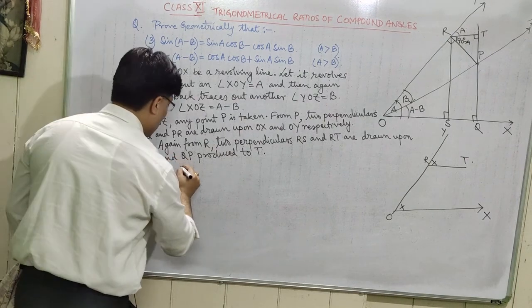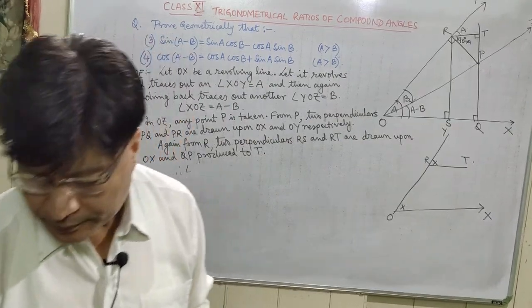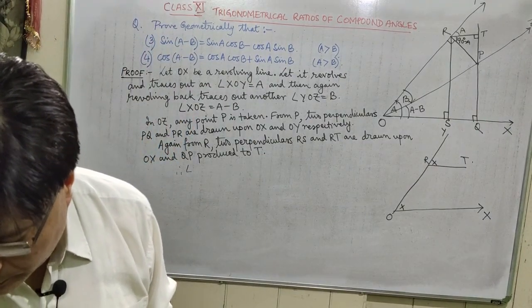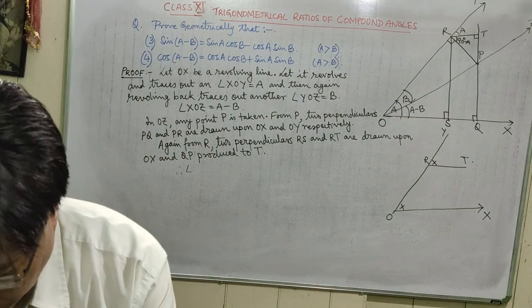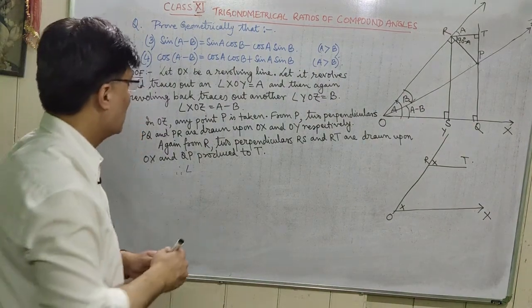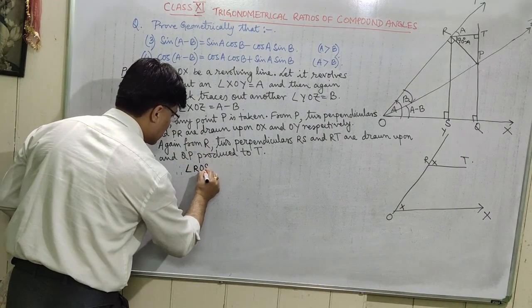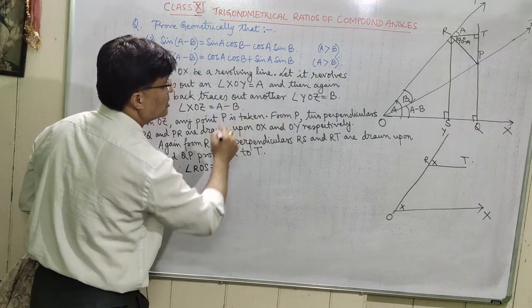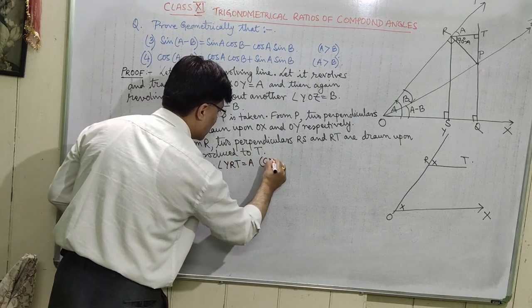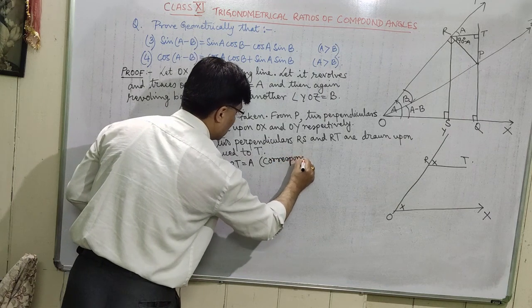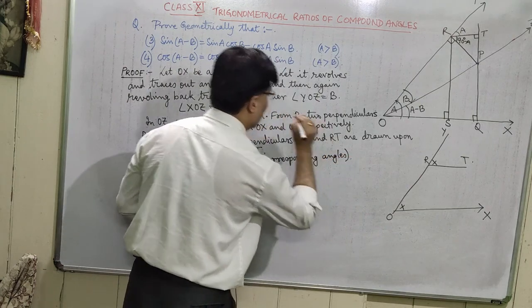Therefore, let us write here: angle ROS is equal to angle YRT, YRT is equal to A, because these are corresponding angles.